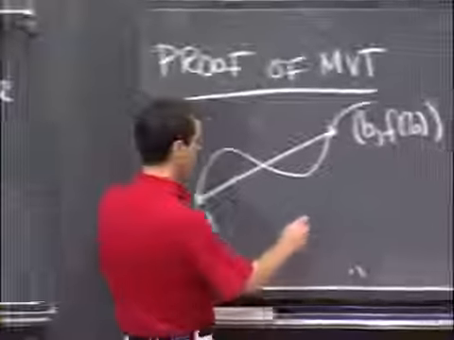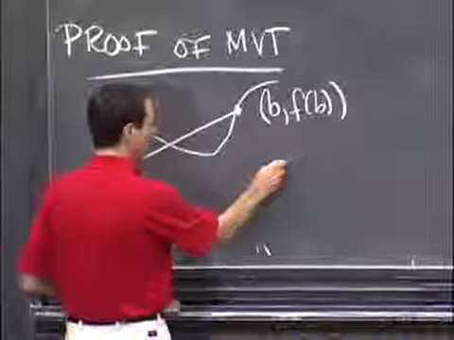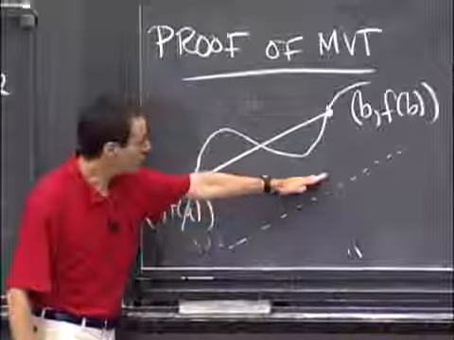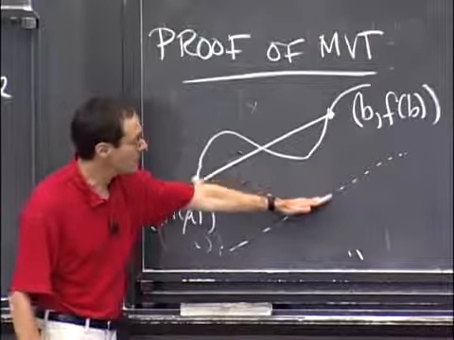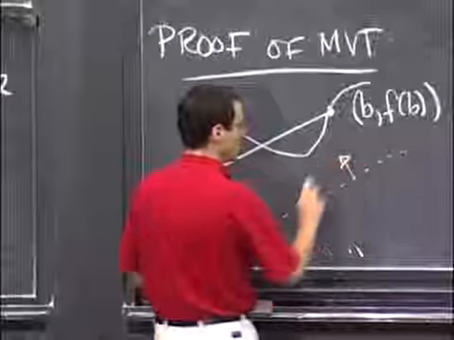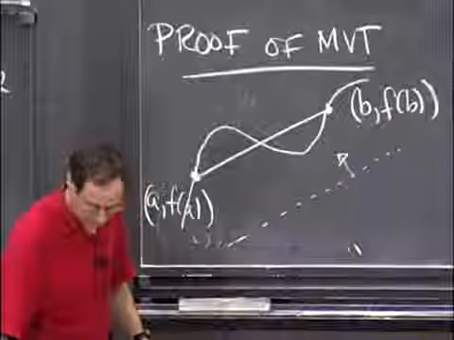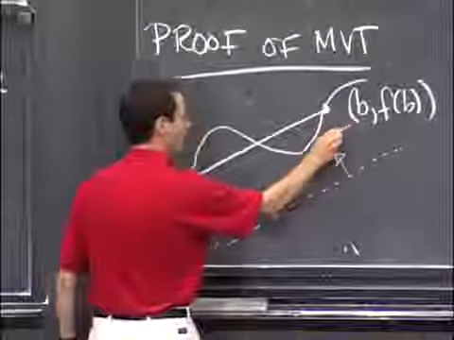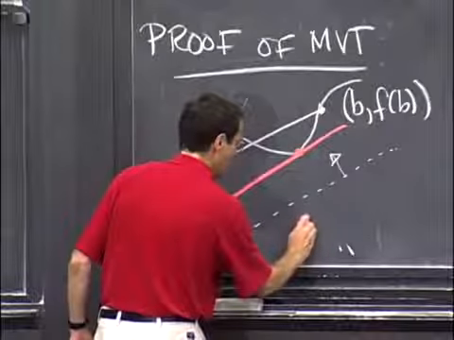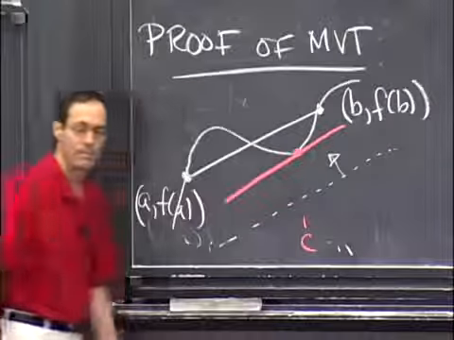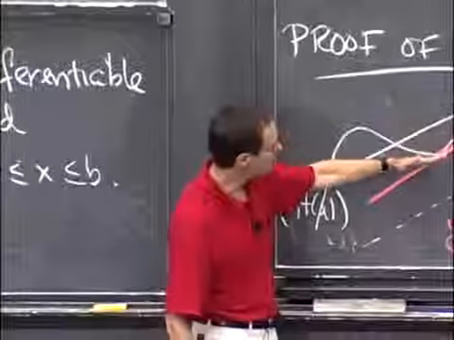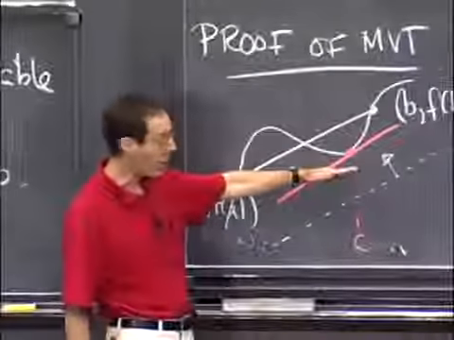So here's how we construct it. We take a parallel line down here, and then we just translate it up, leaving it parallel. We move it up towards this one until it touches. And where it touches, at this point of tangency, I've just found my value of C. And you can see that if the tangent line is parallel to this line, that's exactly the equation that we want.